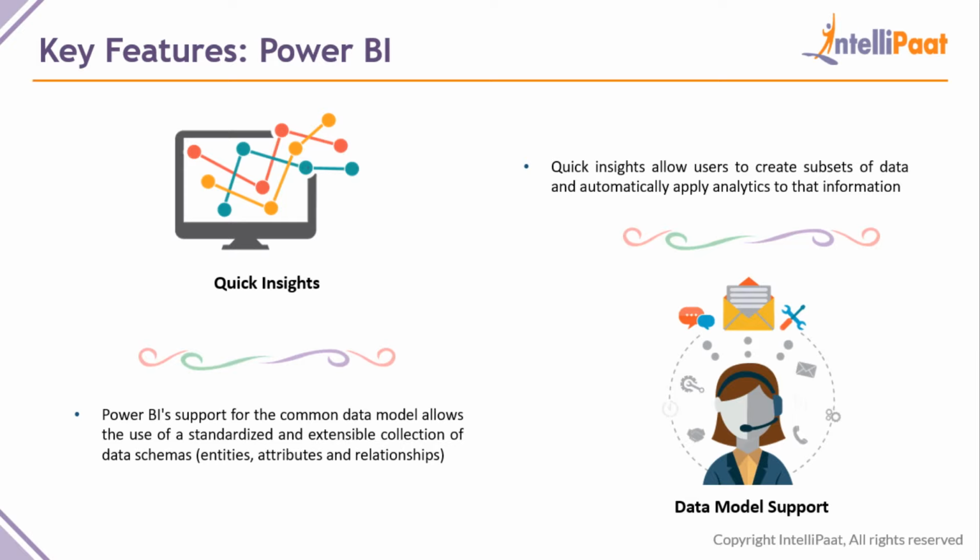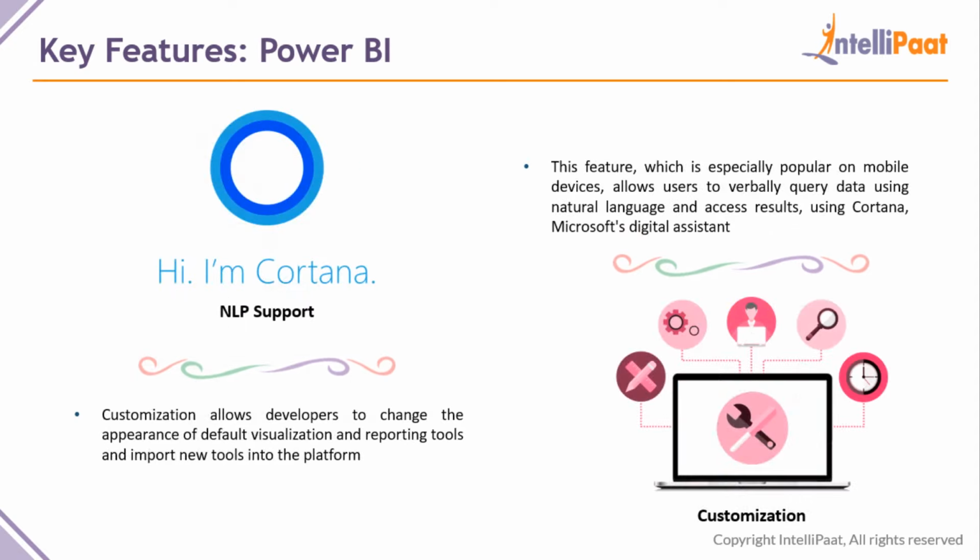So you'll have a lot of entities, a lot of attributes, a lot of relationships, giving you this entire data schema where one common model can talk to a large group of data connectors and data inhibitors, guys. So in some places you want the data, some places you don't want the data. That is what inhibitors actually mean. So what data you need to pick up from and what data you should not pick up, data model support will do just that.